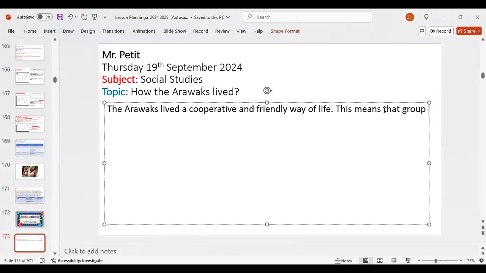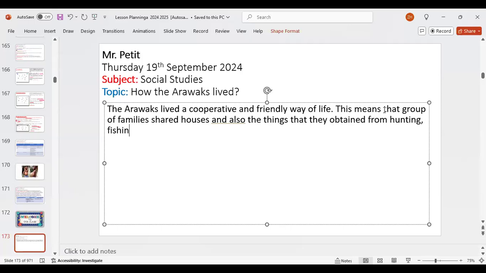So this means that a group of families shared houses and also the things that they obtained from hunting, fishing, and farming.